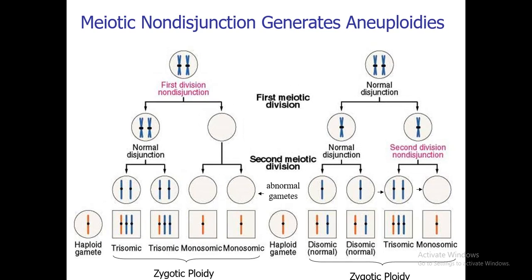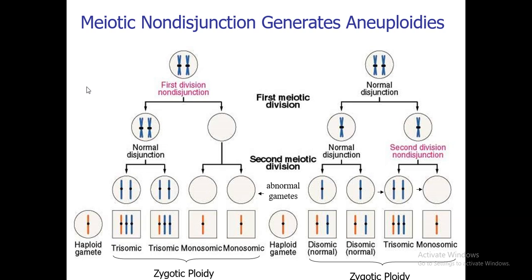This is a diagram of how non-disjunction may happen during meiotic division. We already know that meiosis undergoes two phases: the first meiotic division and the second meiotic division.